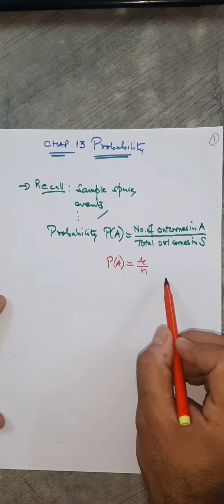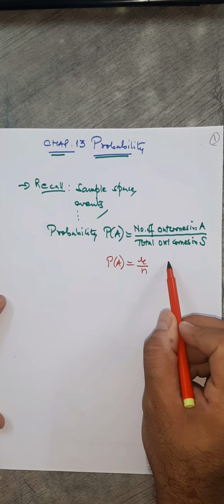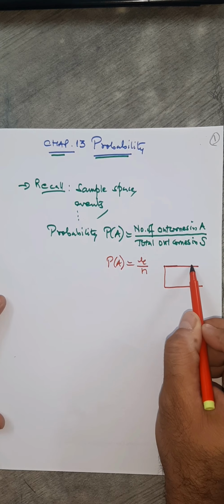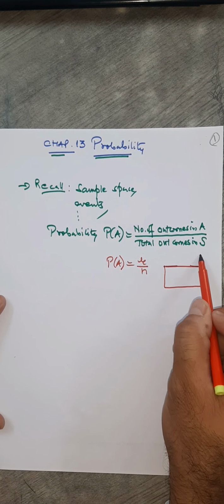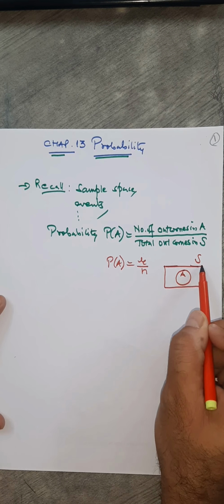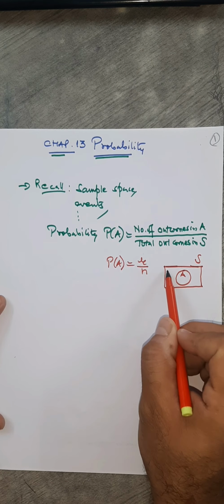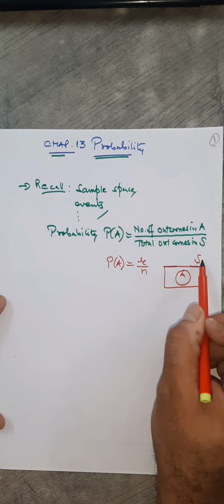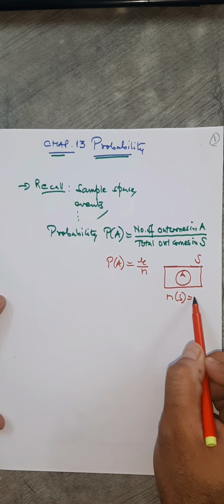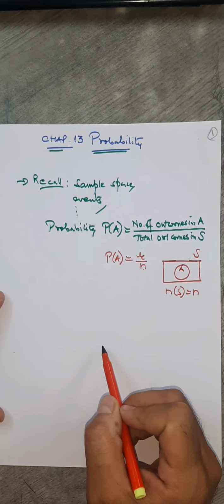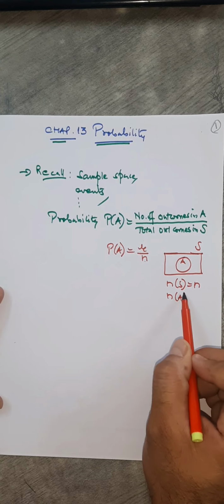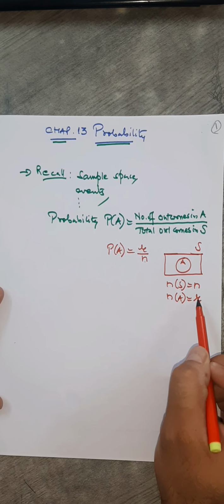If we express it in the form of symbols, let's take this rectangle as the universal set or the sample space, and this is an event A. The number of elements in the sample space is small n, and the number of outcomes in the event A is small r.